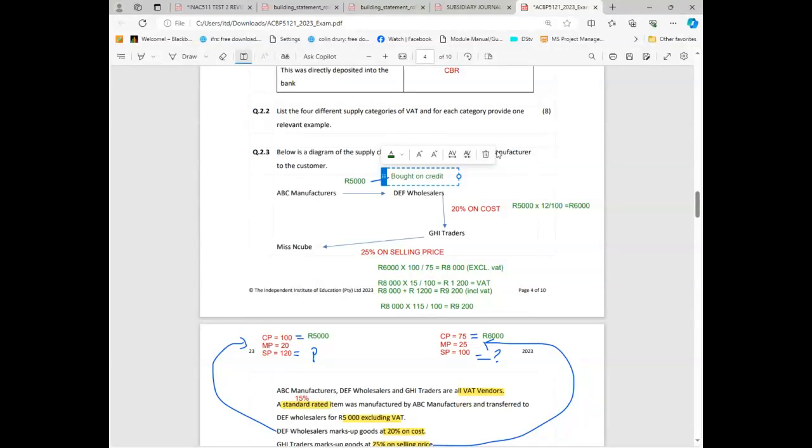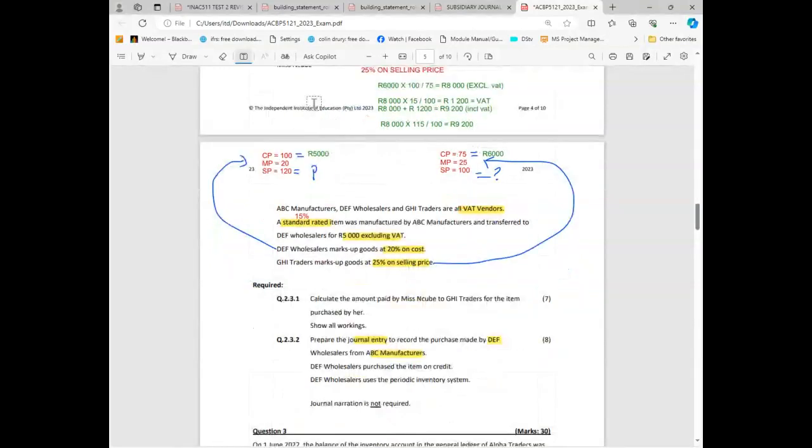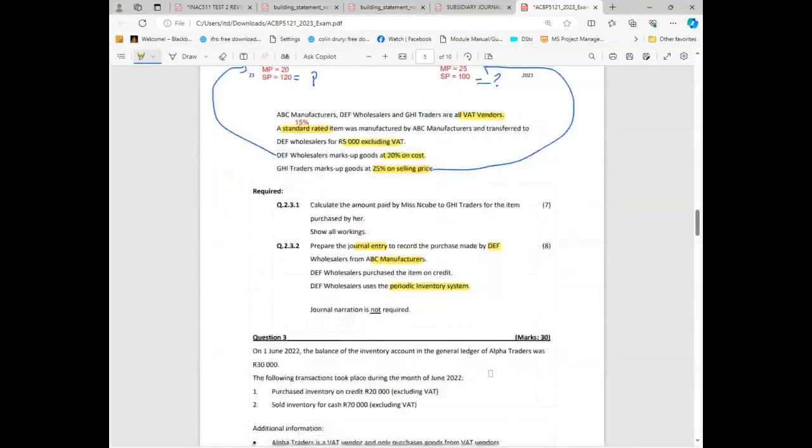On credit. Credit, yes. So we need to understand that, otherwise how will you know? Because you either buy for cash or you buy on credit. And the other thing, this question was a little bit complicated. They said you are using the periodic inventory system. Periodic.